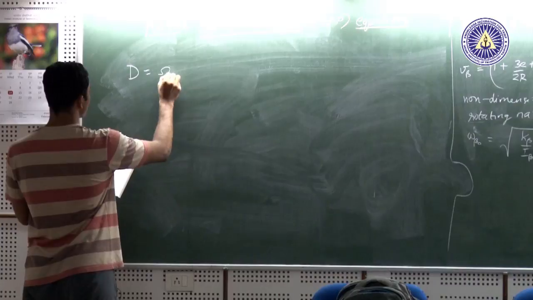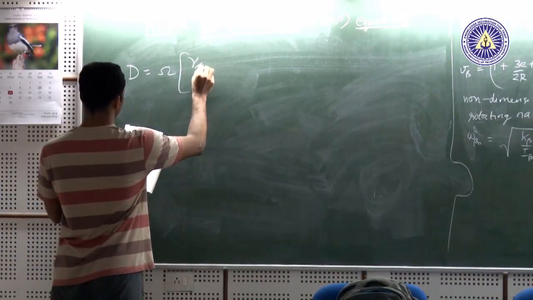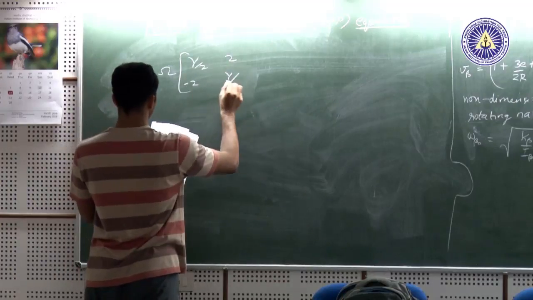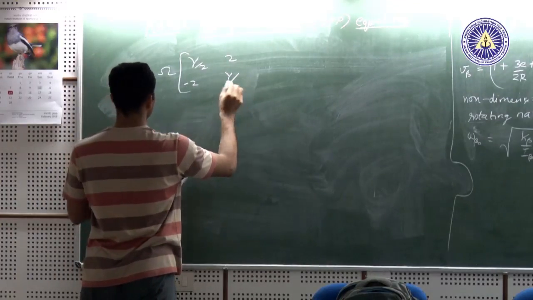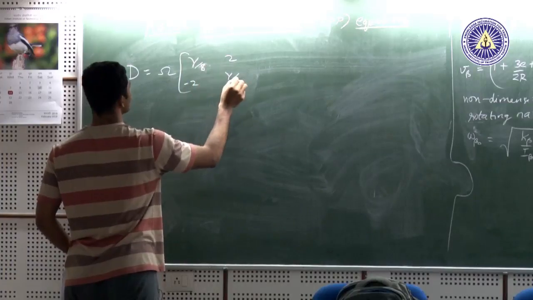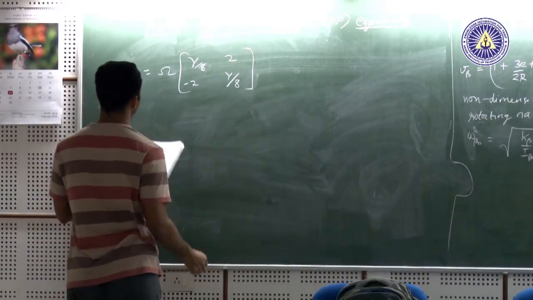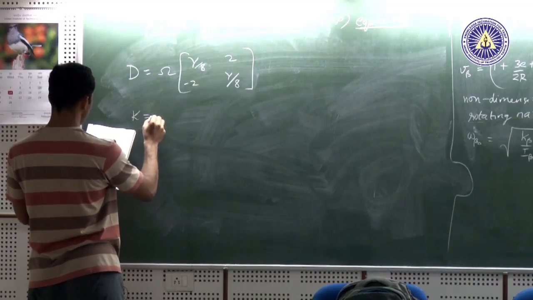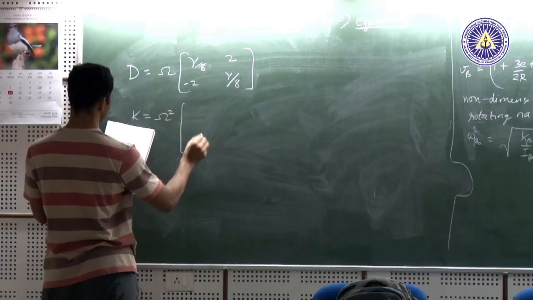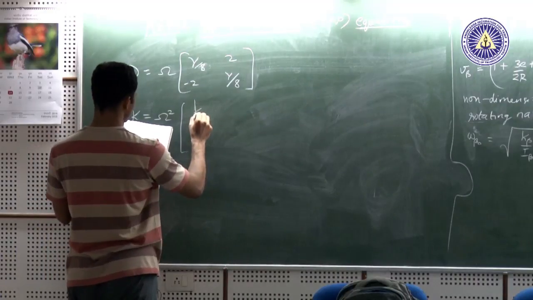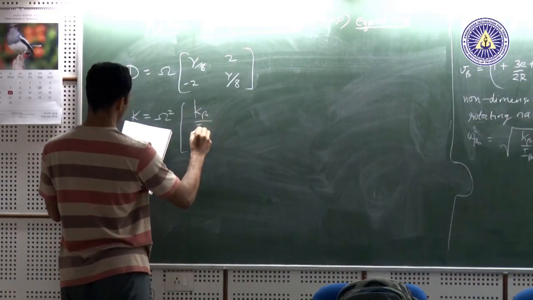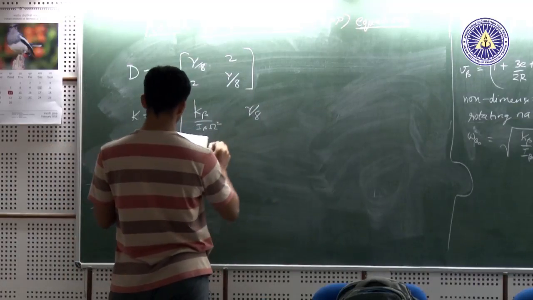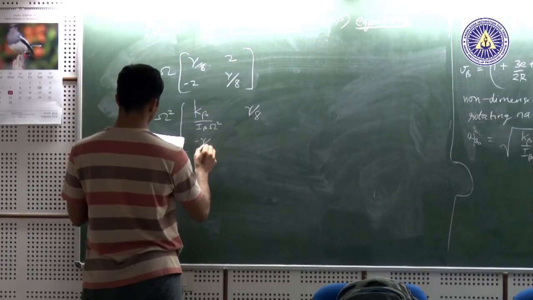So your D would be omega times gamma by 8, 2, minus 2. I think it's not gamma by 2, it's gamma by 8. Okay, and your capital K is omega square times small k beta by I beta omega square, gamma by 8, minus gamma by 8.